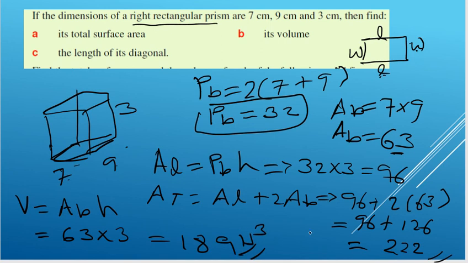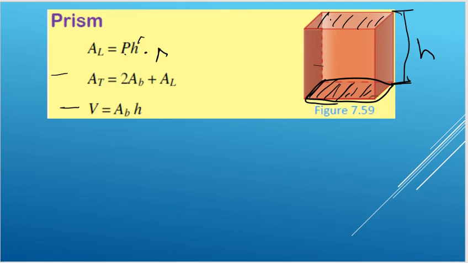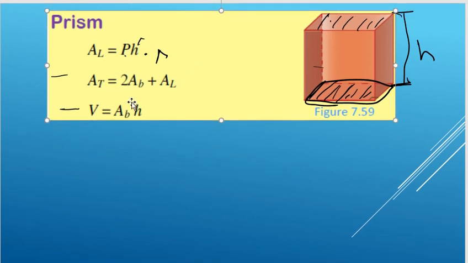Anyways, I need you to focus here. Why am I doing repeated examples? Because you need to focus on these three formulas. When you are thinking of a prism, you might be asked the lateral surface area, or total surface area, or volume. So there is nothing new. First of all, the definition of a prism: it is a three-dimensional figure having many faces depending on the base.